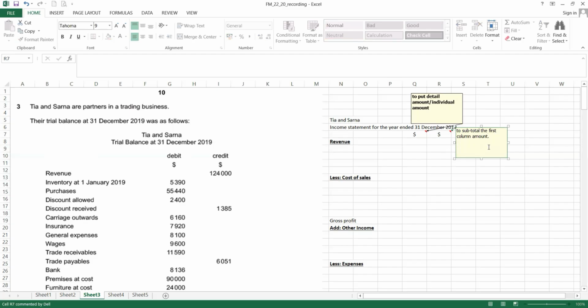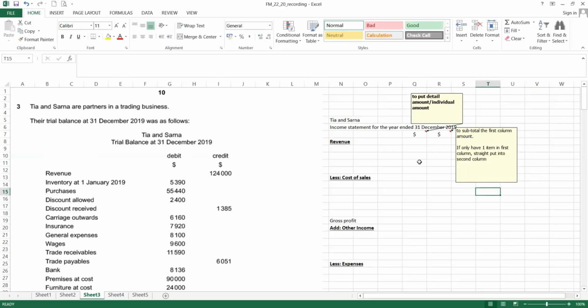Or if you only have one item in that section, straight away put this amount into the second column.